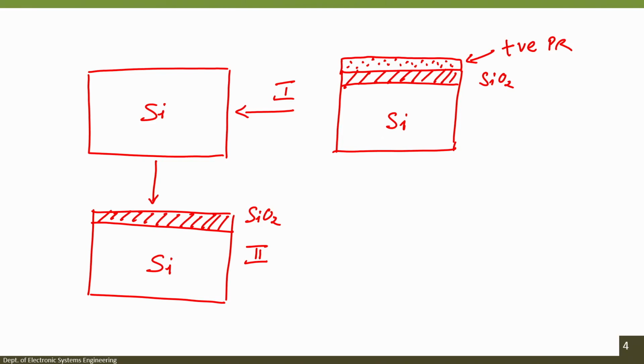Now, in certain cases you will see that the positive or negative photoresist does not adhere to the silicon dioxide surface, that means it will not stick to the silicon dioxide surface, and that is why sometimes what we do is, after the oxidized silicon wafer is there, by growing silicon dioxide using the thermal oxidation technique, we coat a thin layer of HMDS.